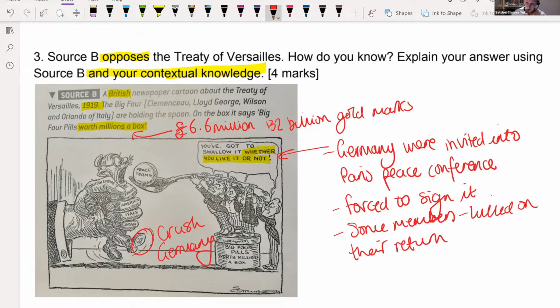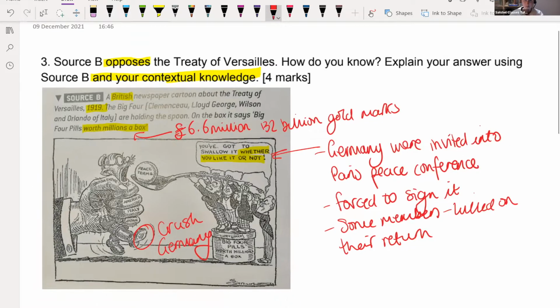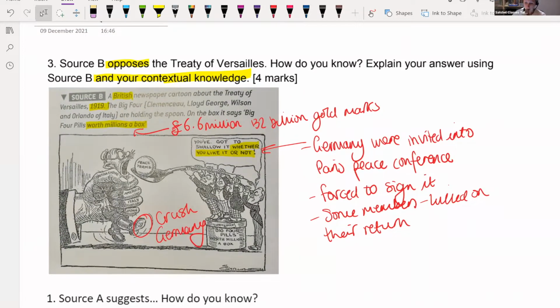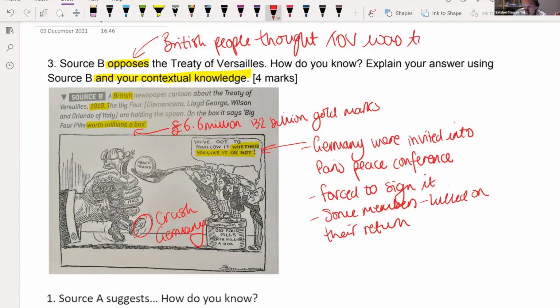How do I know that this isn't a positive thing? Well, somebody being force-fed something isn't positive. And for my contextual knowledge, I know that the British people thought that the Treaty of Versailles was too harsh.